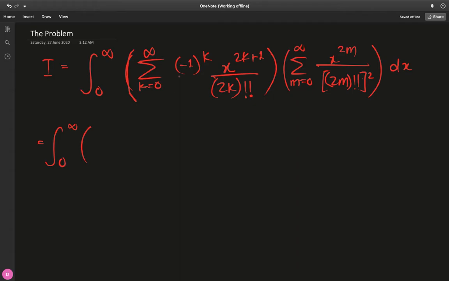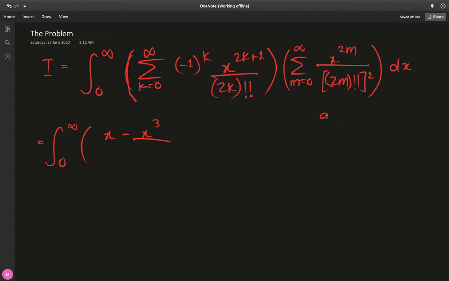When k equals 0, we have x to the 1, which is x, divided by 0 double factorial, which is 1. So just x over 1, or x. Then minus, it's an alternating series. When k is 1, we have 2 plus 1, 3, over 2 times 1, or 2 double factorial.